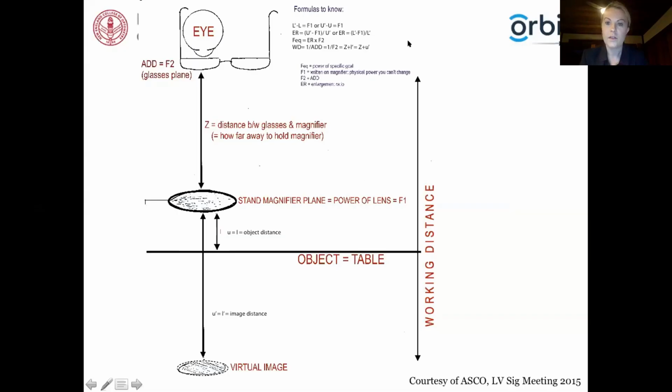And so the working distance here is really the distance that the patient has to be in focus in order to see the image. And it's for this working distance that we need to prescribe a near addition for our presbyopic patients.